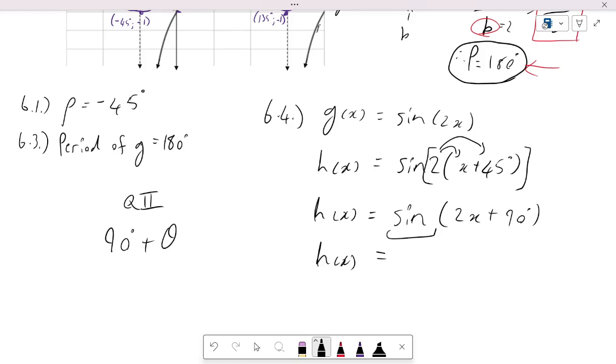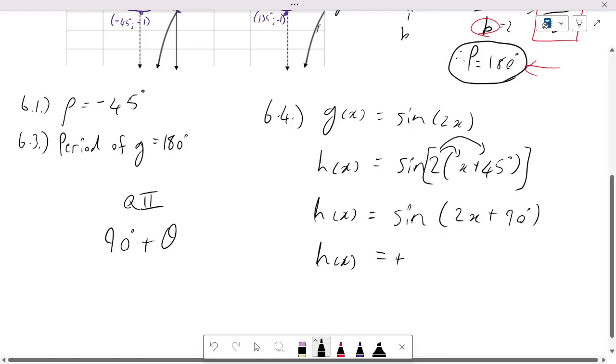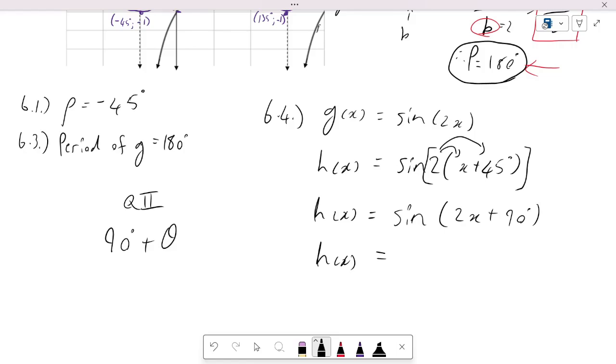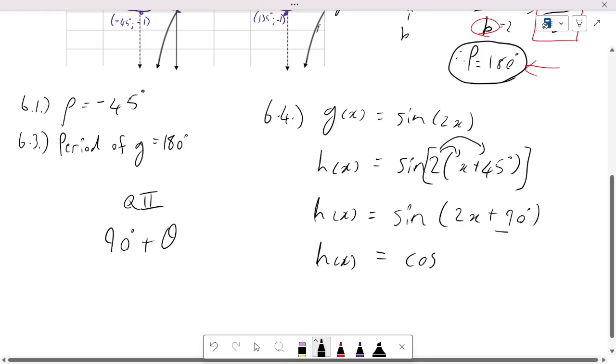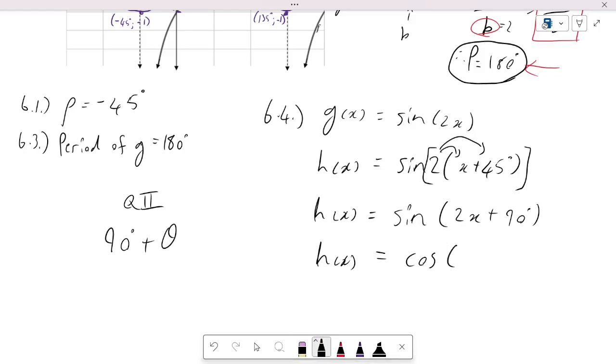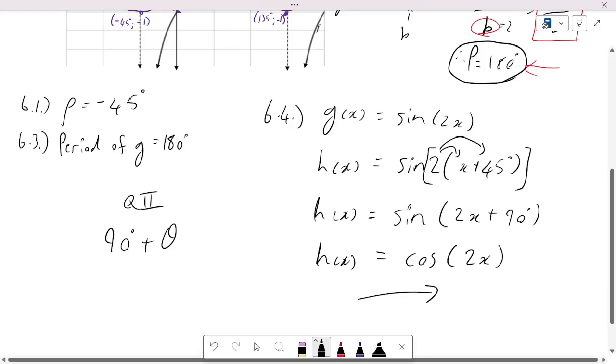And we know that sine is positive in quadrant 2, so the final sign that we're going to be using is positive. It's going to be positive cosine, because it's the 90 degrees reducing the angle, so positive cosine of 2x. And that is our new equation of h of x.